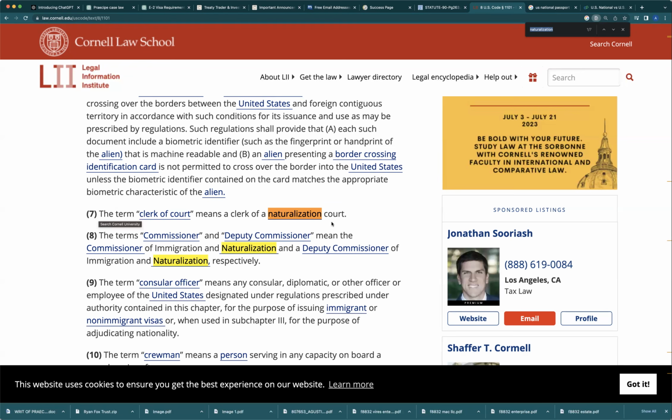That position is operating within a naturalization court. This is where people used to go before the USCIS came about. They would go down to the county recorder's office or to the courthouse. Ladies and gentlemen, do you know what this means?